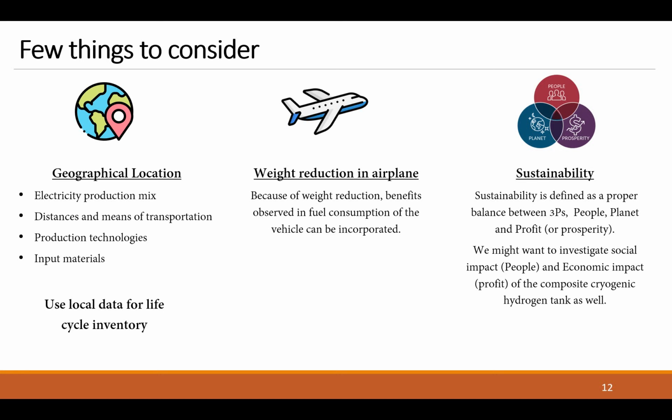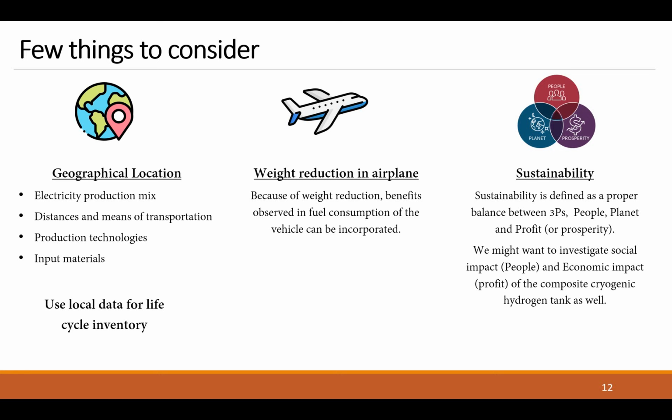And means of transportation are different in different areas. In some cases we can easily use ships, but in some cases we have to transport the goods through aeroplanes or road travel. That affects how much environmental impact or how much energy we are going to consume for that transportation, even for the same distance.